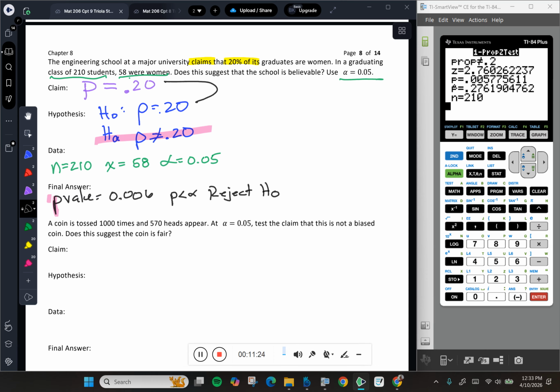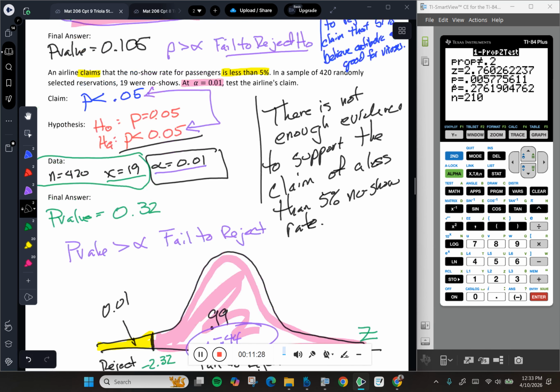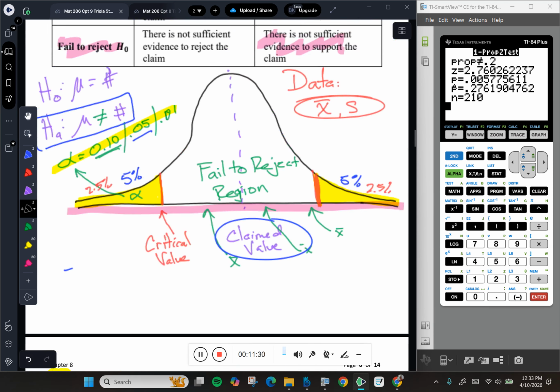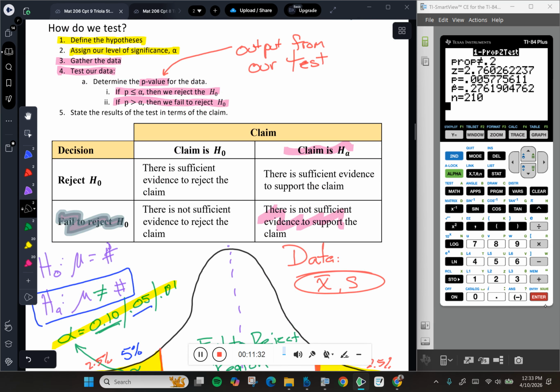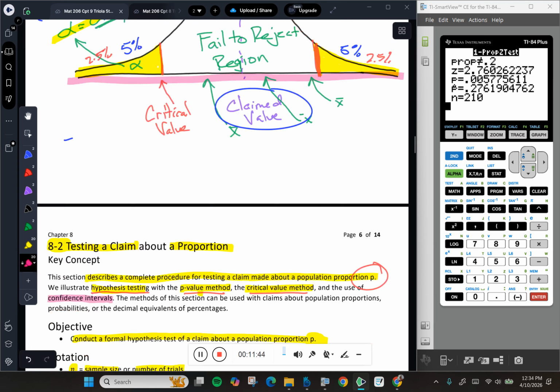But the claim was the null. All right, let's go see what that means. Back to my table. Math says reject the null. The claim was the null, which means we're here. And we would say that there is sufficient evidence to reject the claim.